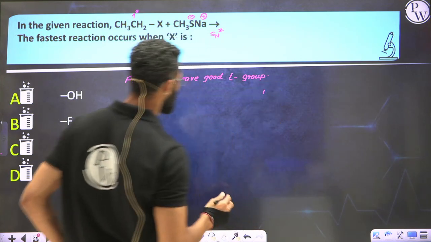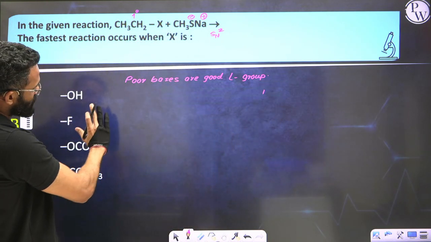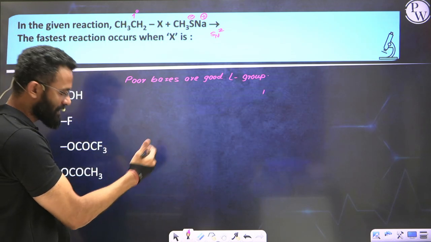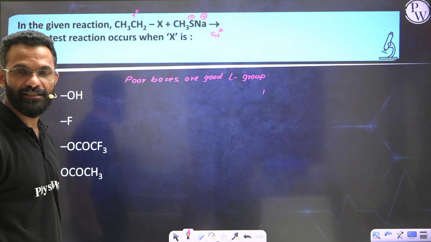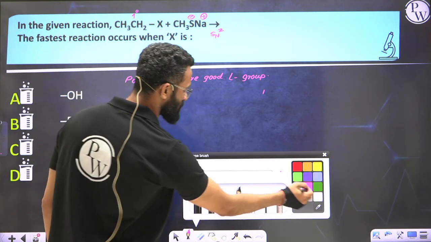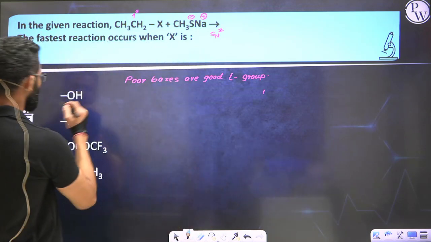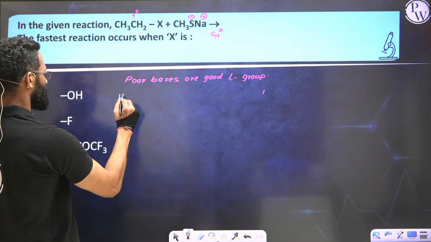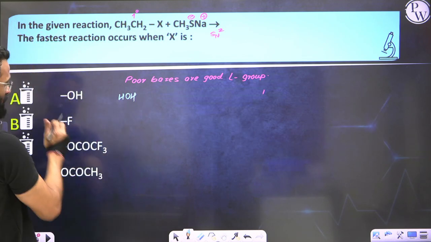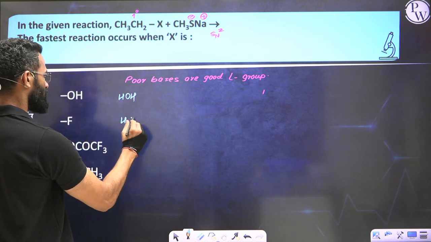So what you have to do is convert all of them into their acids. Check whichever acid is a strong acid, its corresponding conjugate base is going to be a poor base. If I talk about the first one, OH is the leaving group, which is the conjugate base of water. You just have to add H. If you add H here, this is going to be HF.